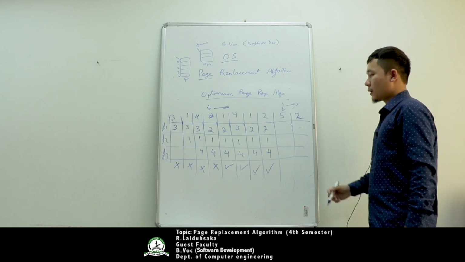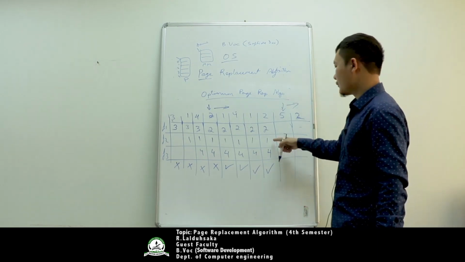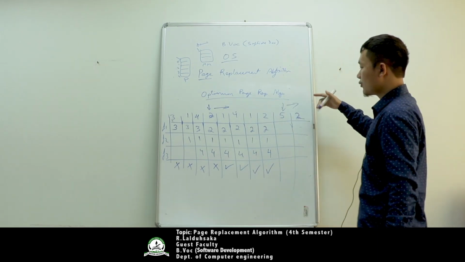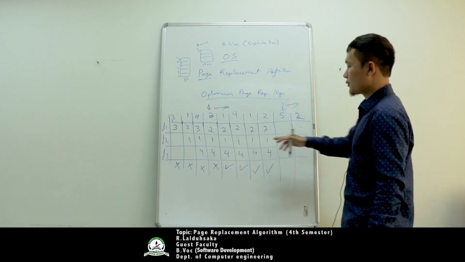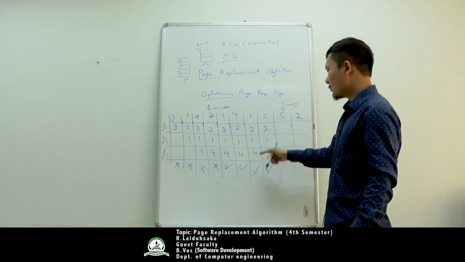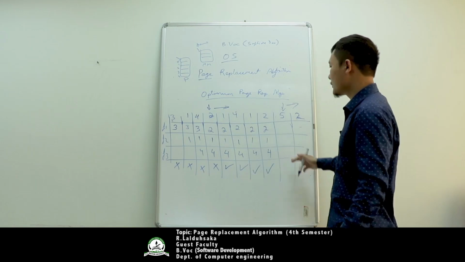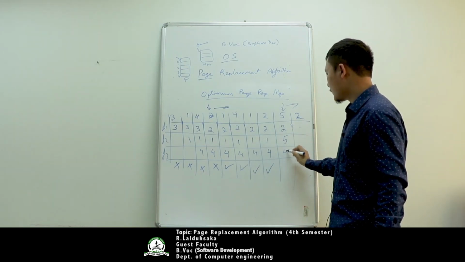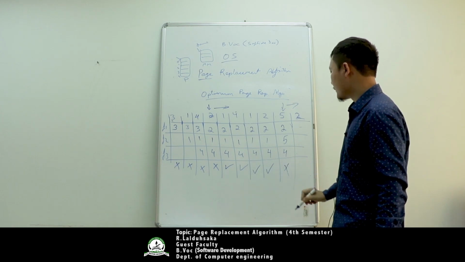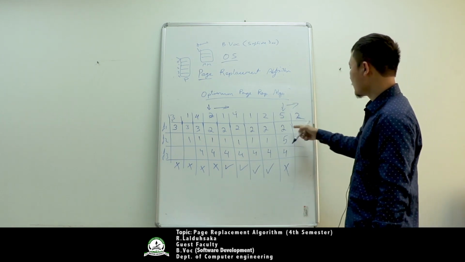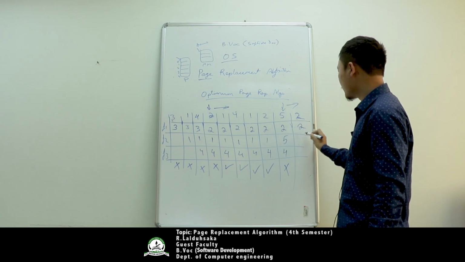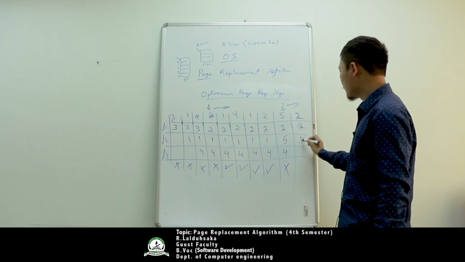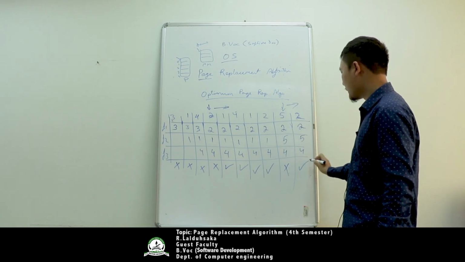Best thing to do is to use first in first out for this case, since there is no 1 or 4 in the future. So the first one to come in is 1, so we have to replace 1. 2, 5, and 4. It is a page fault. Then 2 comes again. 2, 5, 4. It is a hit.